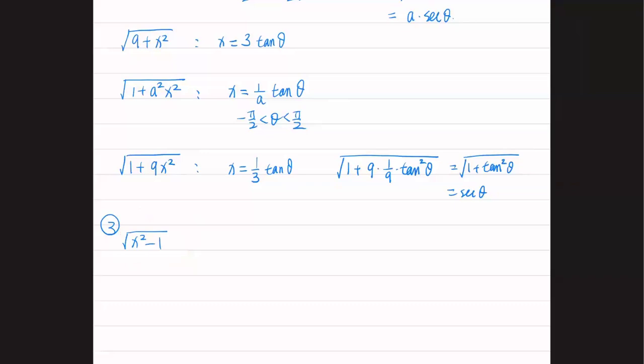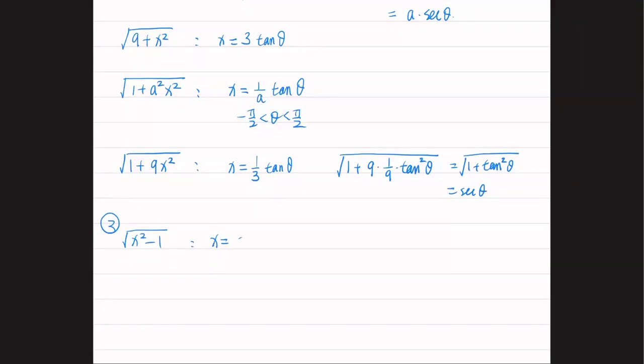We know that if x is secant theta, then x squared minus 1 equals secant squared theta minus 1, so this would be tangent squared.